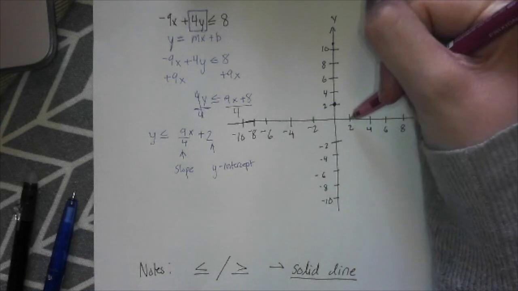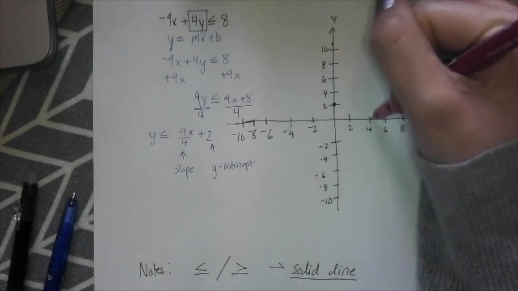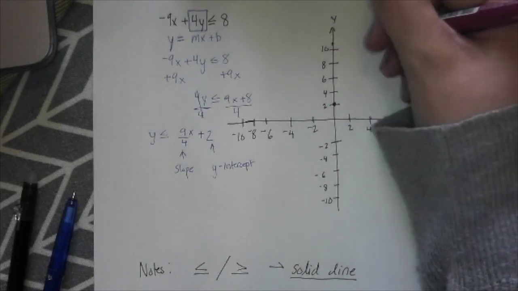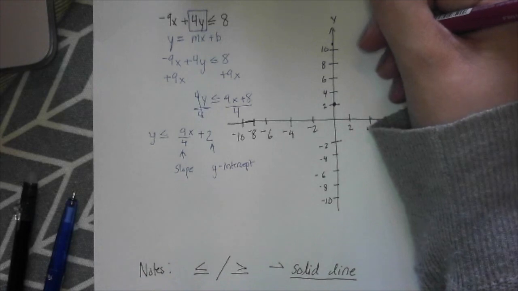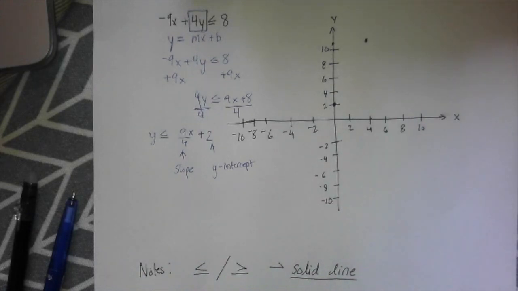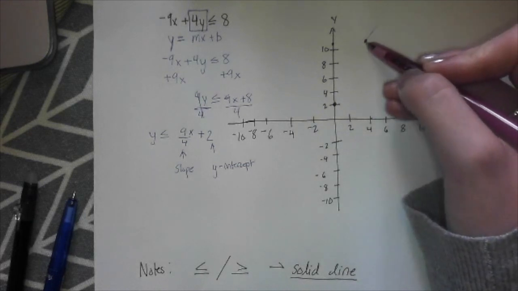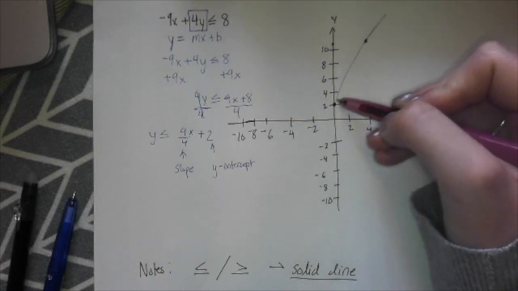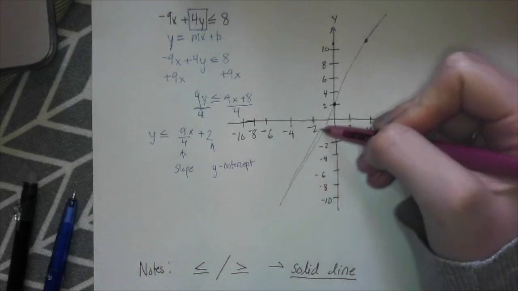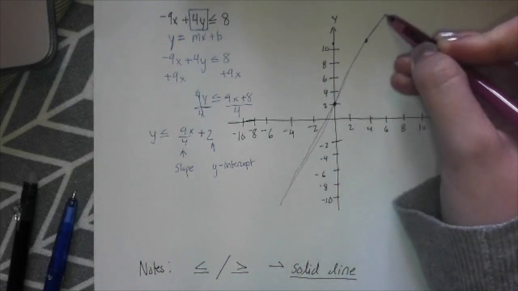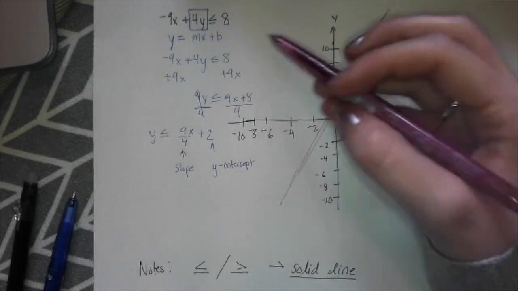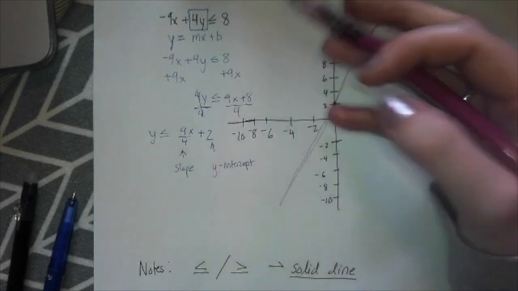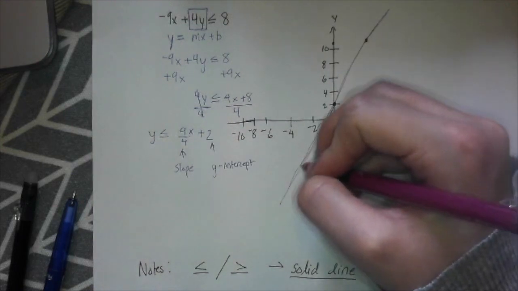This is again going by 2, so we go over 2, 4, and make sure it's aligned with this right here. We're going to draw that line straight through. This all matches up just fine. And it's going to be a solid line because it is less than or equal to.